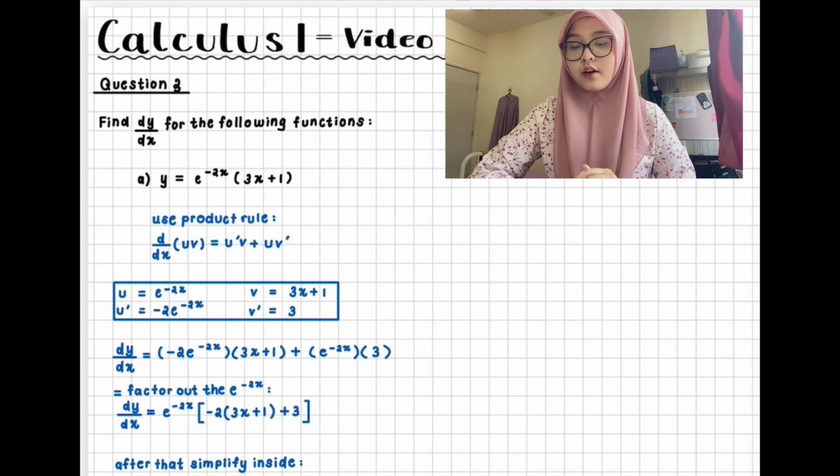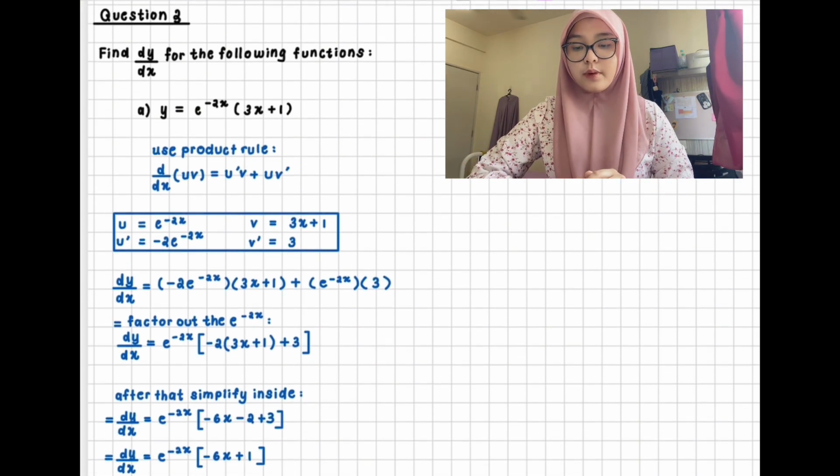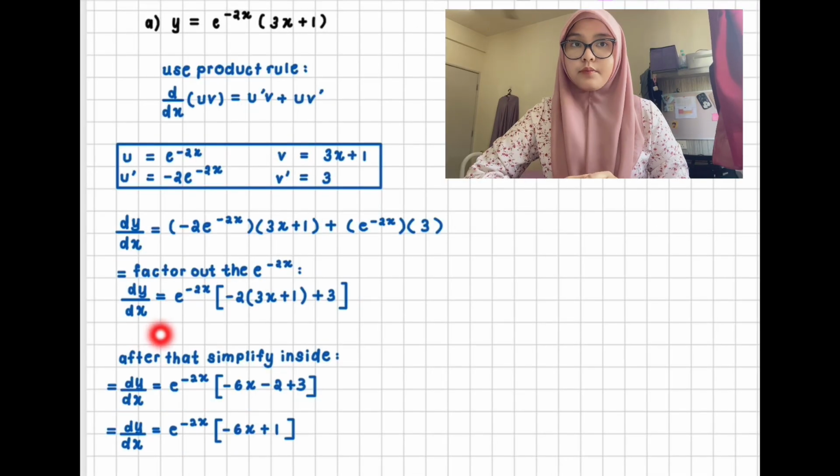Next, we factor out the e to the power of negative 2x. dy over dx is equal to e to the power of negative 2x times [negative 2(3x + 1) + 3].